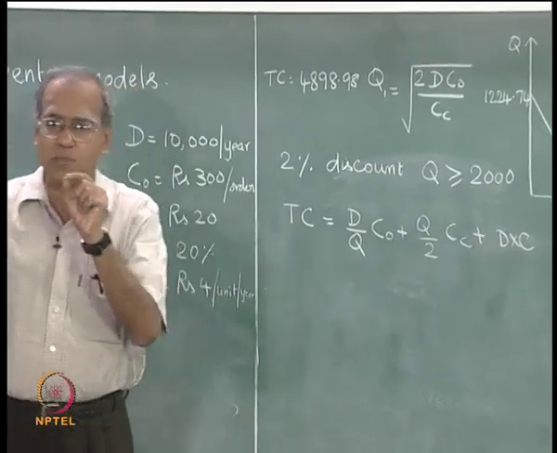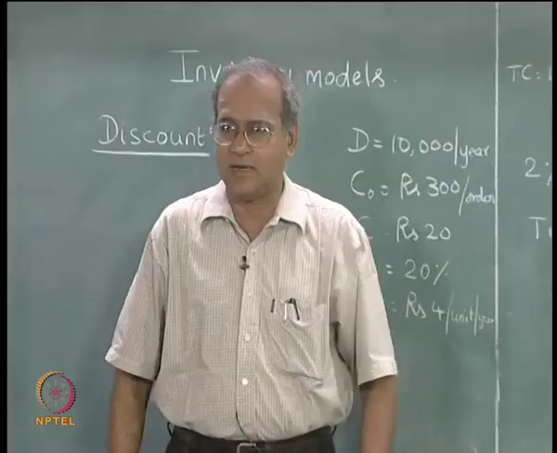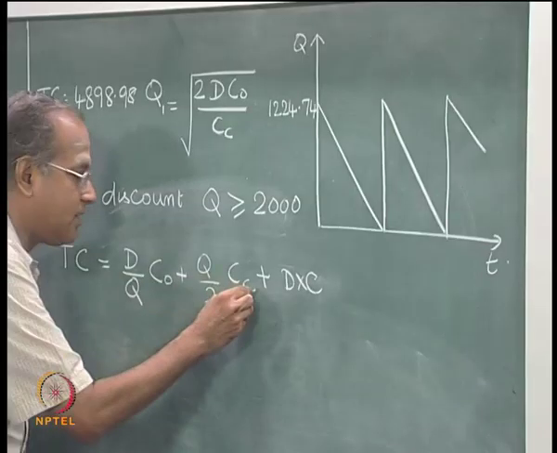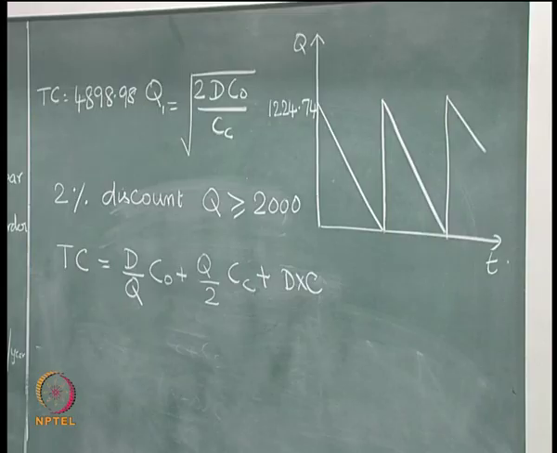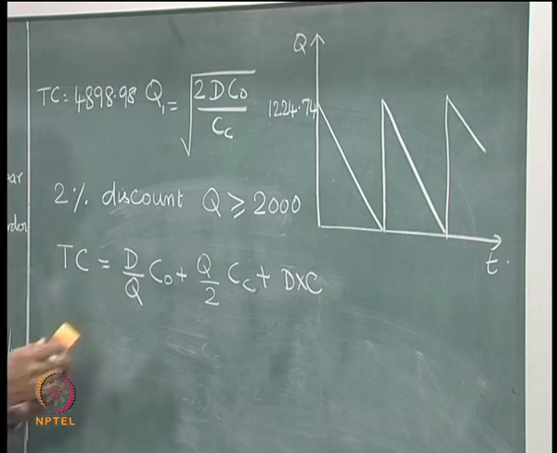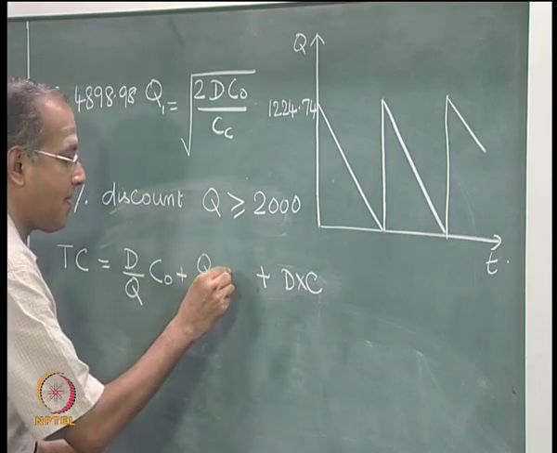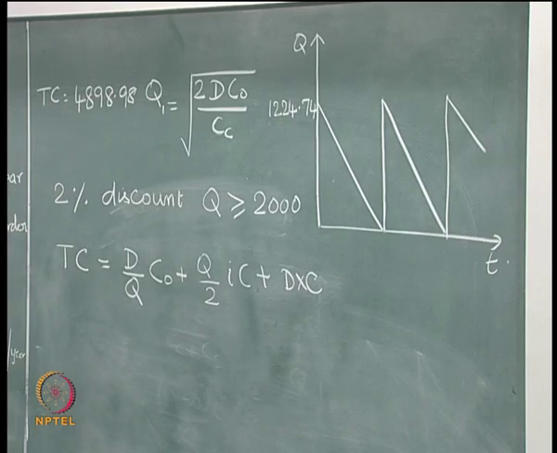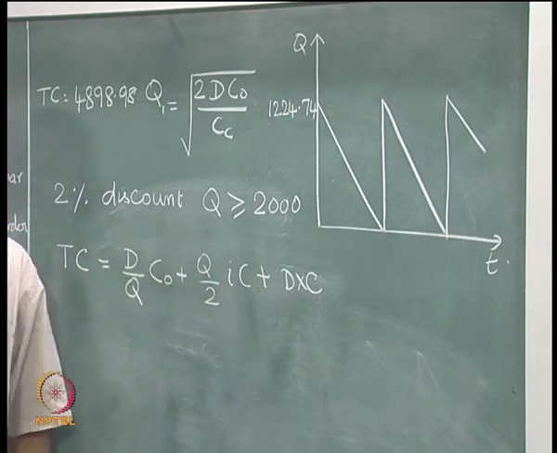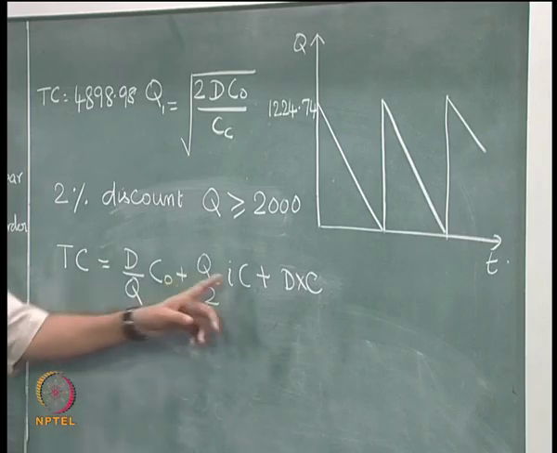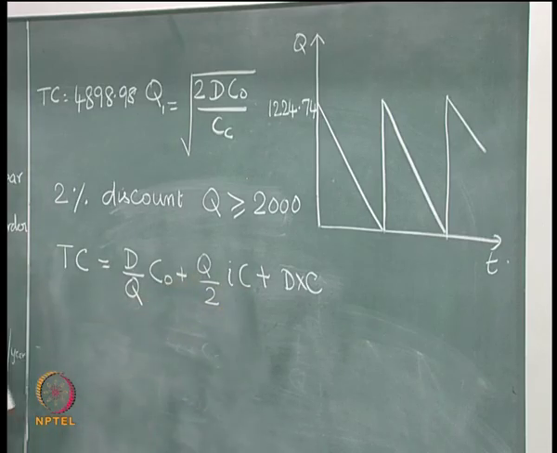There is also a very small component which needs to be looked at. It depends on how we are going to define this CC. We have already seen that this CC can be defined in 2 ways: one is as CC, or as I into C. So, if we now define this CC as I into C, and we are interested in an order quantity of 2000, at 2000 this carrying cost will also come down slightly because this C also changes slightly.